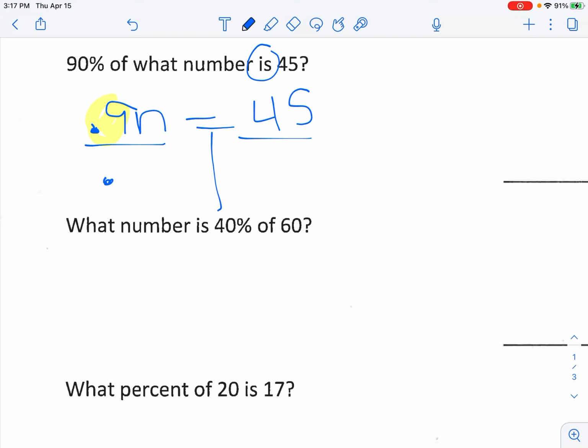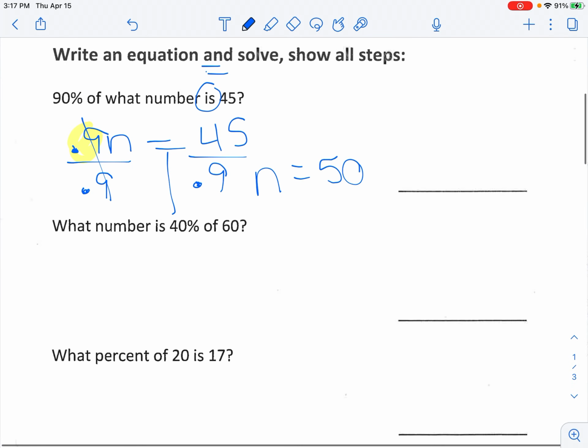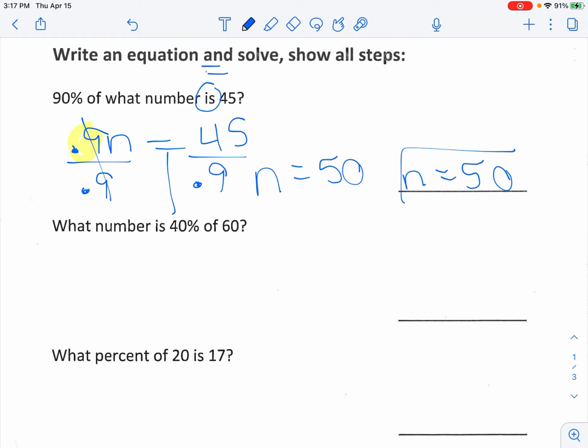So show me that you're dividing the left by 9/10 and dividing the right by 9/10. 9/10 divided by 9/10 cancels. You're going to go to your calculator and divide 45 by 9/10, and that answer is 50. So over here, we're going to say n equals 50.